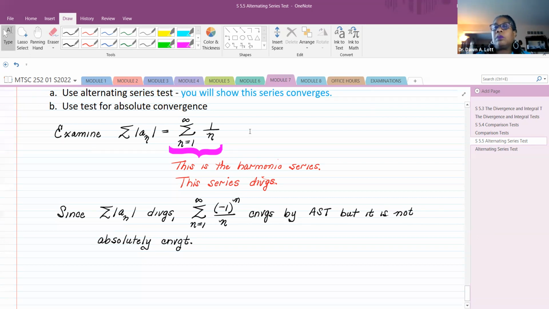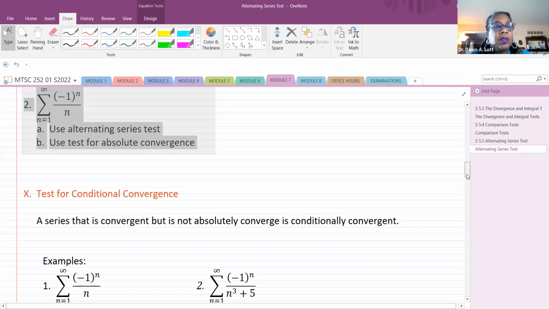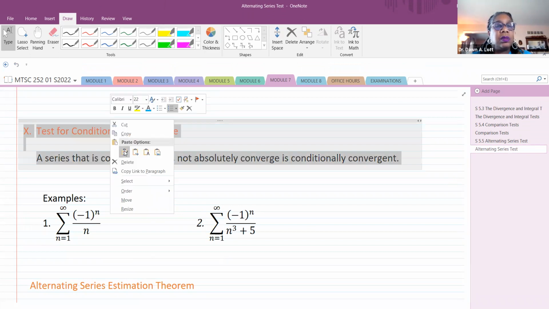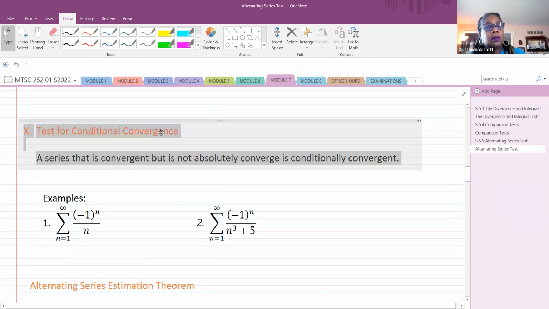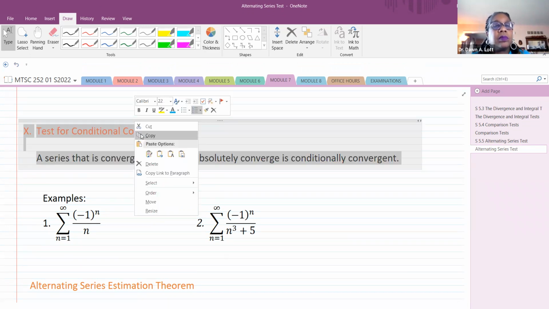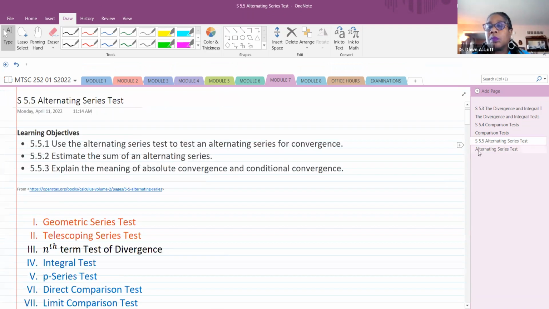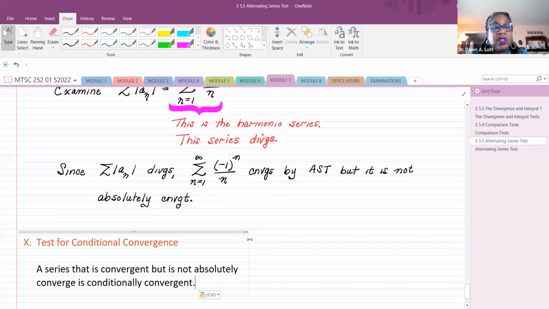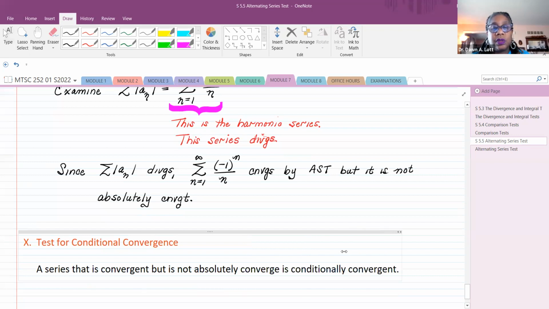Okay, any questions? All righty. So the last test in this section, test number 10, is the test for conditional convergence.